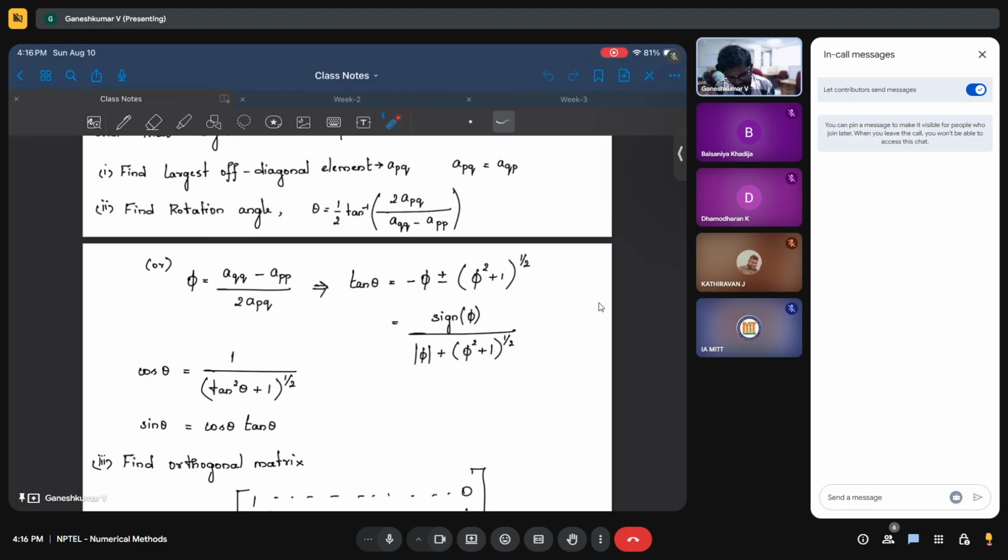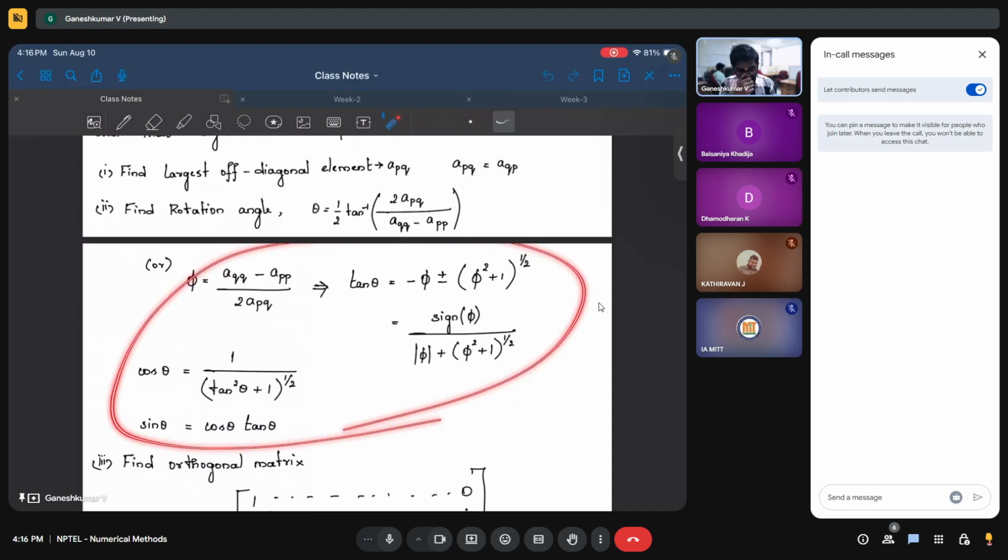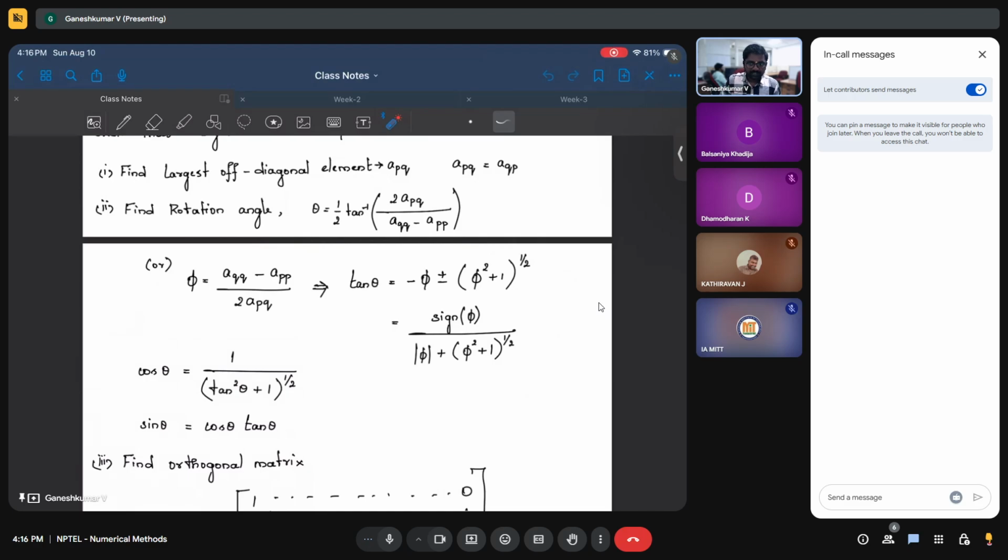So first we find the largest off-diagonal element, and based on that we select that p and q row and column. Once you find that, you find the rotation angle based on this, or based on these big formulas. So there are two ways, either way is fine.